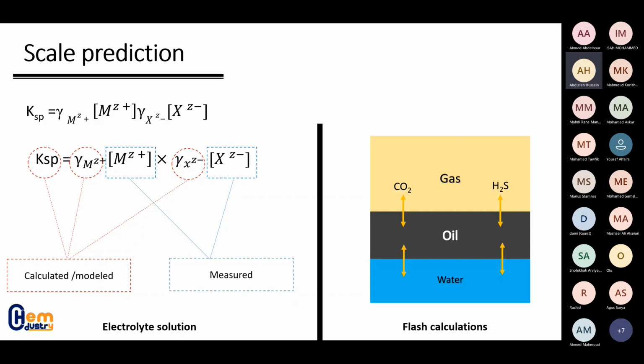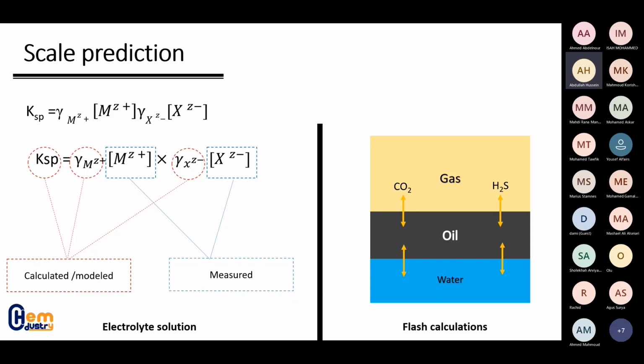The first one is that we have to represent the equilibrium using the activity coefficient. And why is that? It's because our produced water has very high ionic strength. It is fully loaded with ions, so you cannot just represent it using the concentration. So you have to include the activity coefficient.